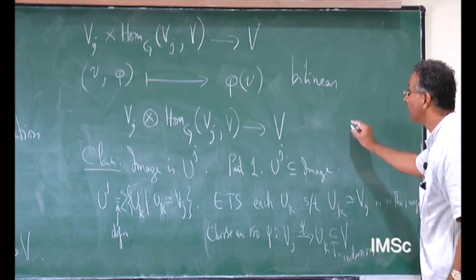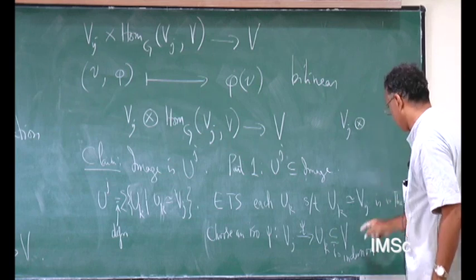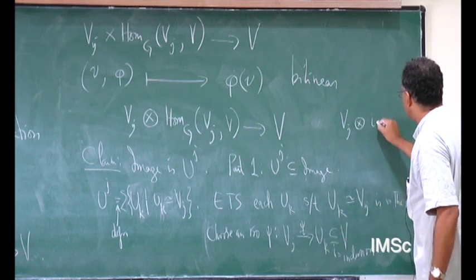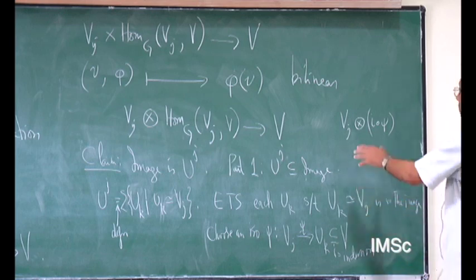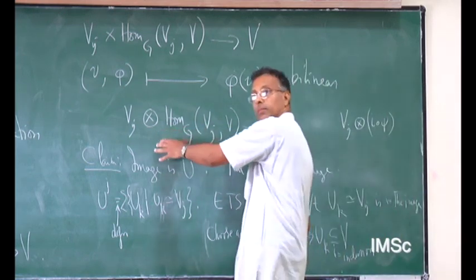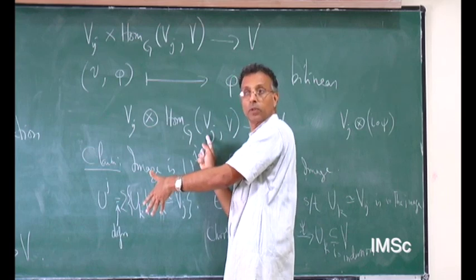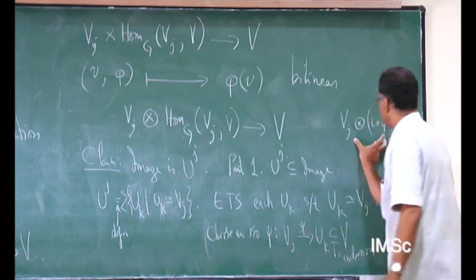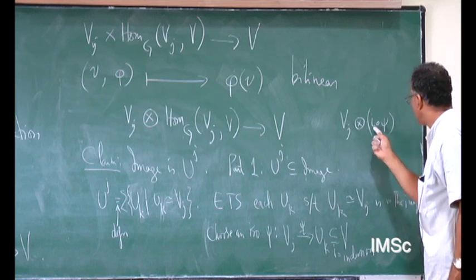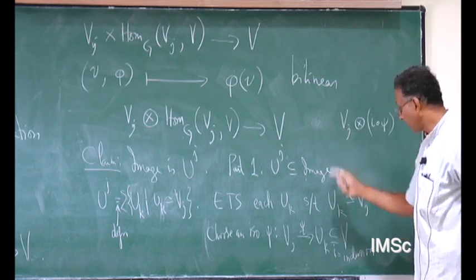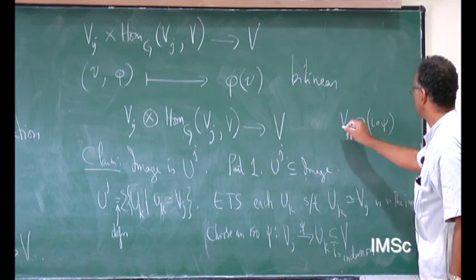So if I look at Vj tensor, now this is a subspace here. I am taking one element here and several elements here. What is its image under the natural map? Well, I follow this with Vj and I get exactly Uk. So this is the image of this.